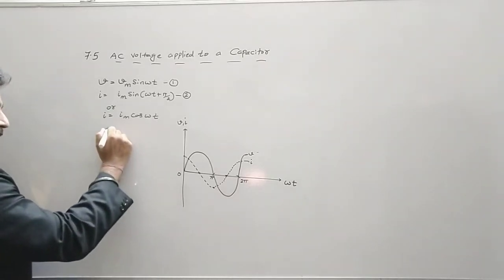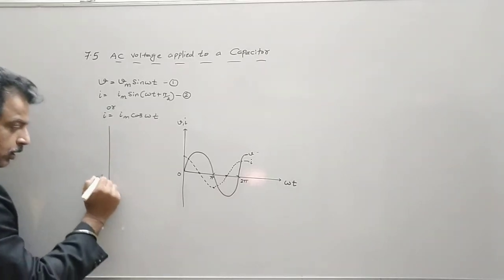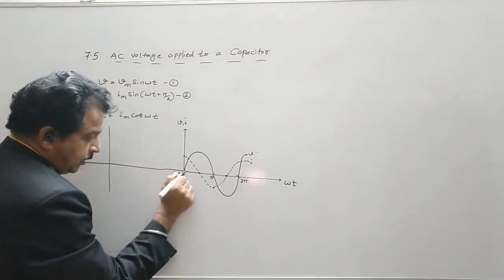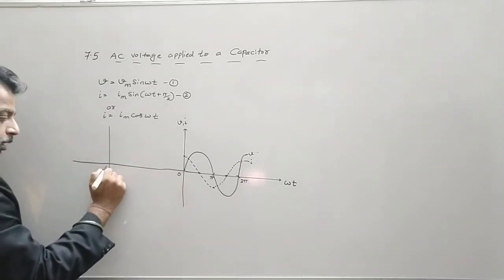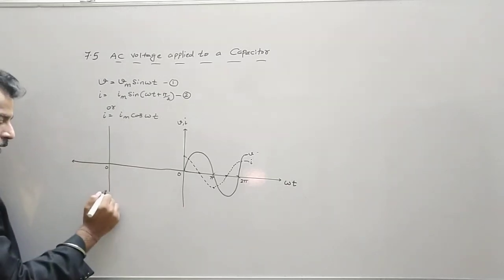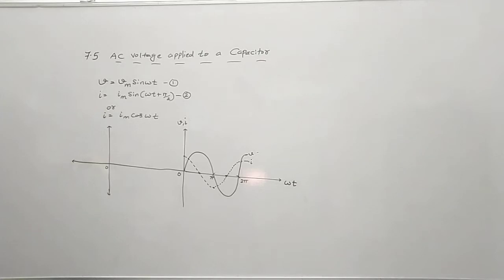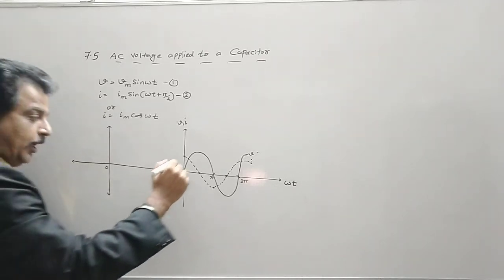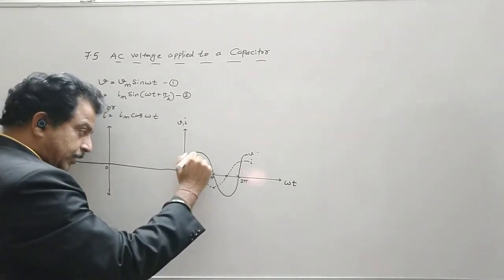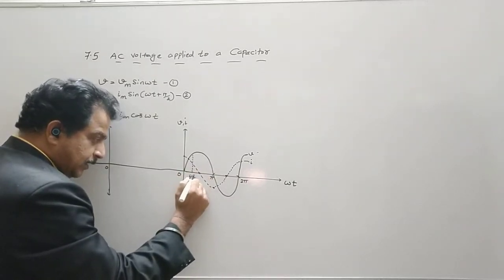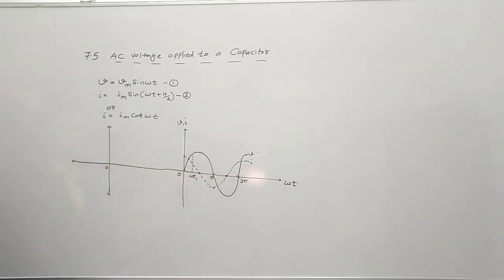Now from this we can draw a phasor diagram, and the diagram should be such that the current leads the voltage. Now how to draw the phasor diagram at any instant? Let us take this instant and name it omega t1.